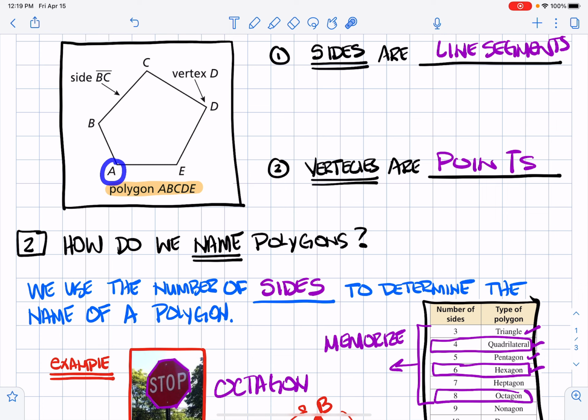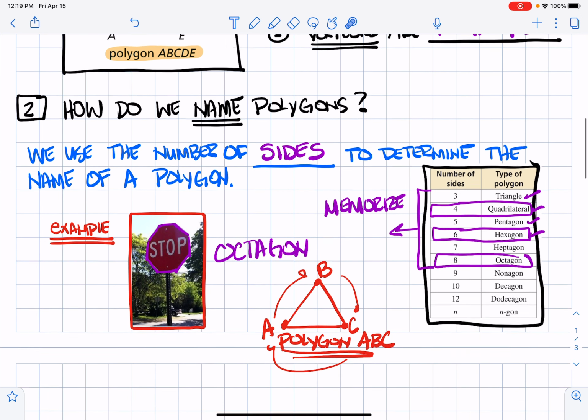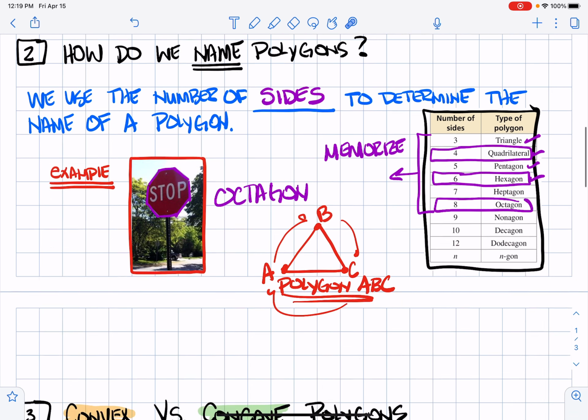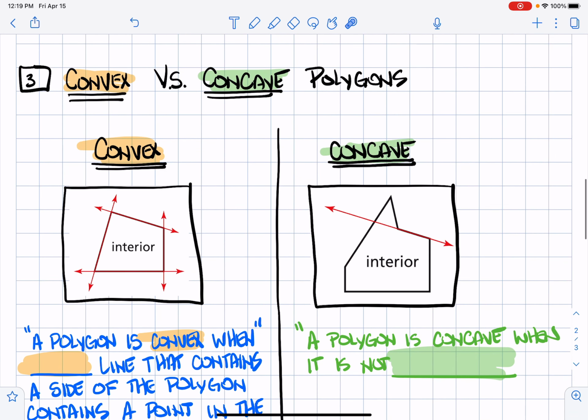We literally just start with one vertex and then work our way all the way around the figure until we end up right back where we started, ABCDE polygon. So that's the second way that we can do it, but normally we just name it using the number of sides, okay?